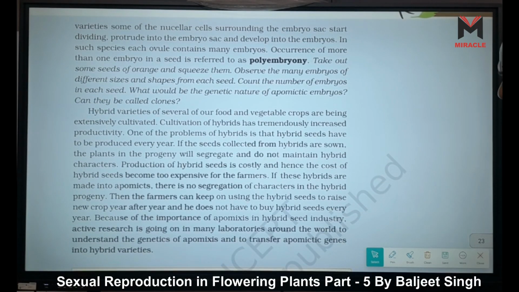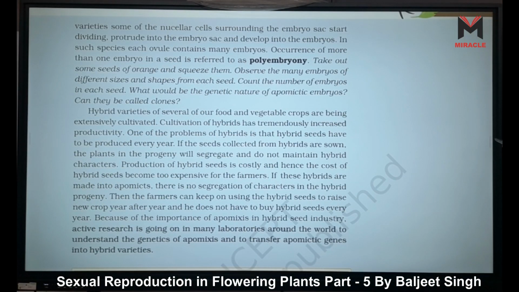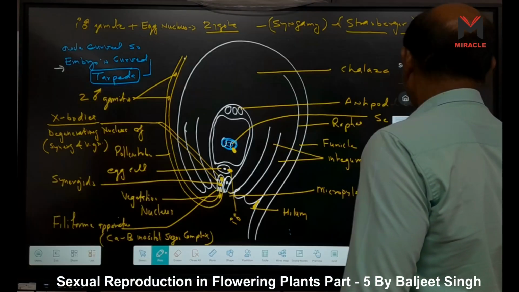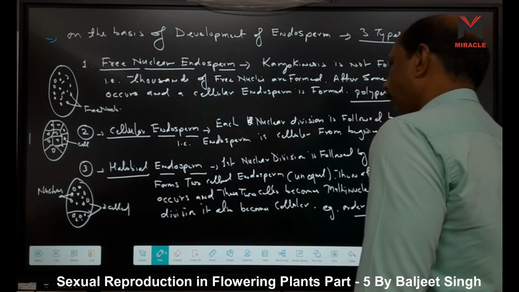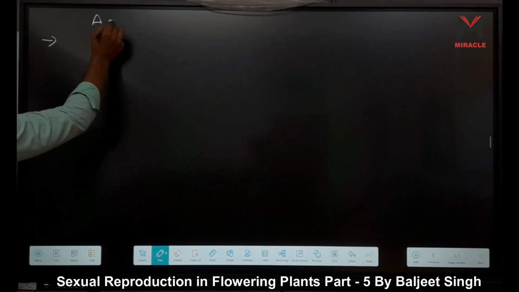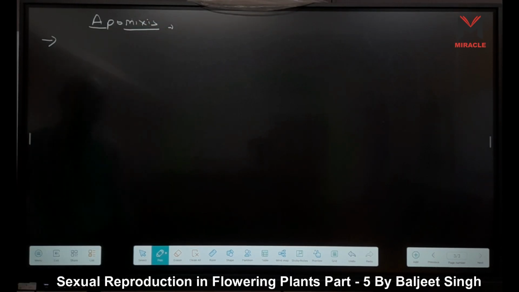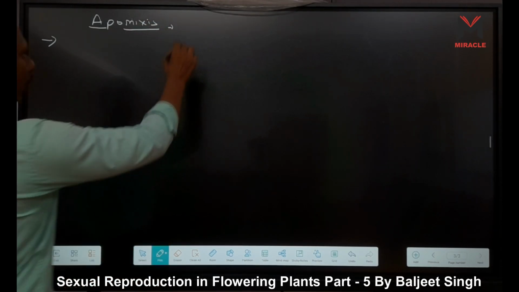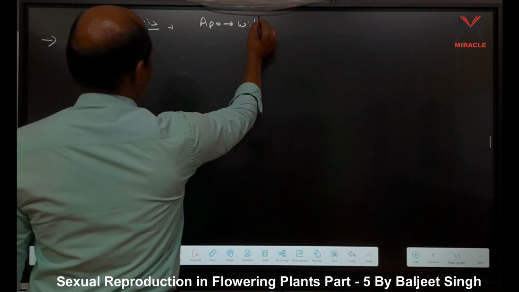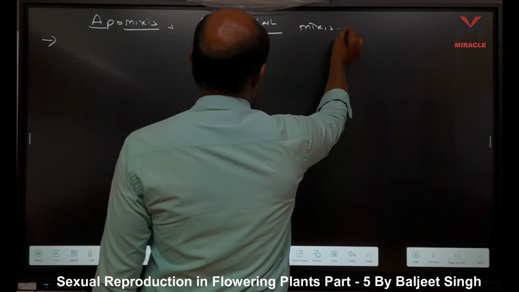Now the last point. Apomixis, right? In apomixis, we know that apo means without, and mixis means fusion.